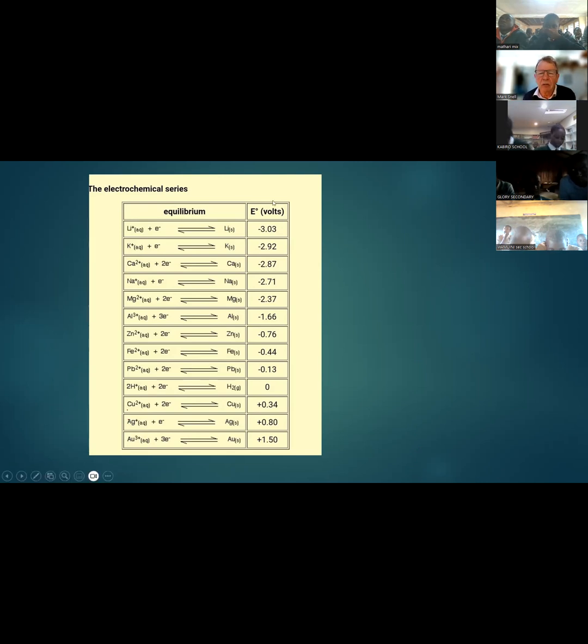They're measured in volts. And I want you to look at them. Hydrogen here is listed as 0. Everything below it is positive, and everything above it is negative. Look at where the most negative values are. These are very, very reactive metals.